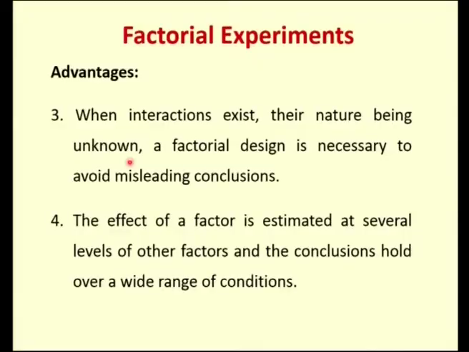And when interaction exists, their nature being unknown, a factorial design is necessary to avoid misleading conclusions. The effect of a factor is estimated at several levels of other factors and the conclusions hold over a wide range of conditions. And now we will discuss about 2 power 2 factorial designs.